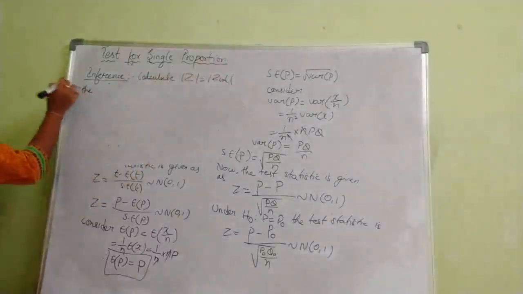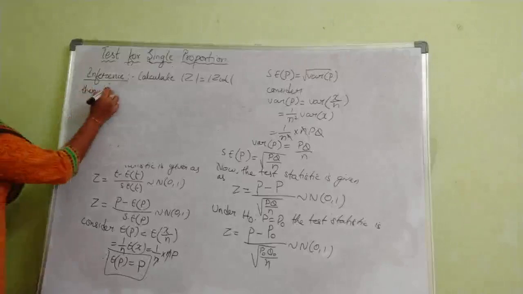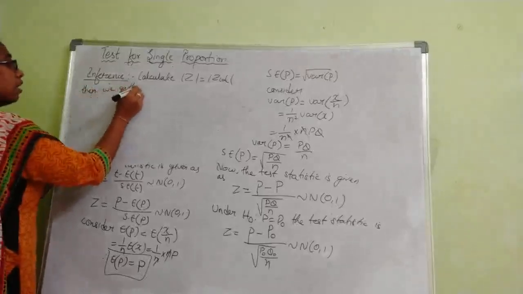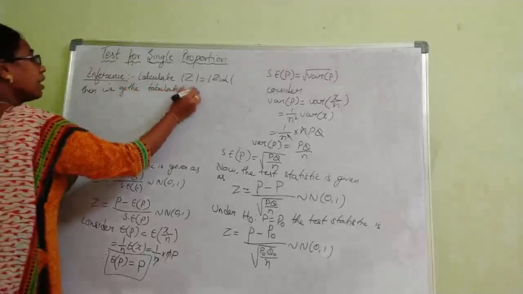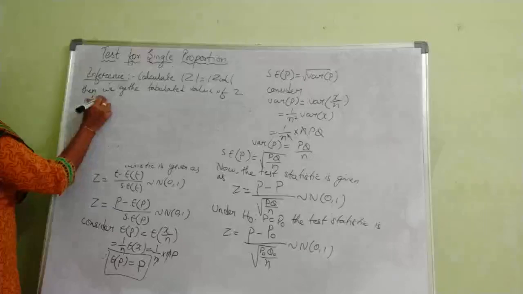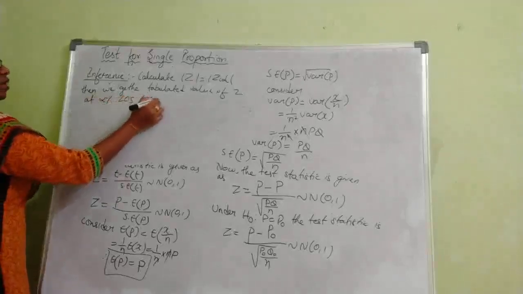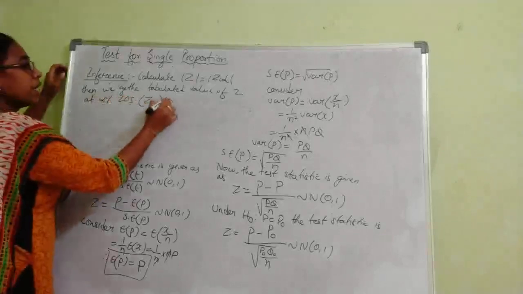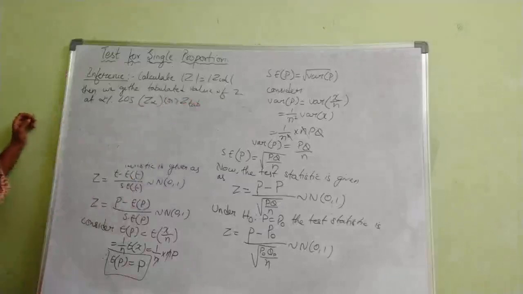Then we consider the z critical value. Then we get the tabulated value of Z at alpha percent level of significance, which is known as Z alpha, or you can write it as Z tab. So how do you make the conclusions here?